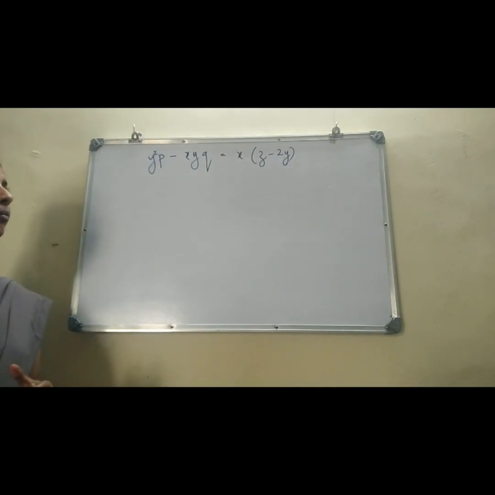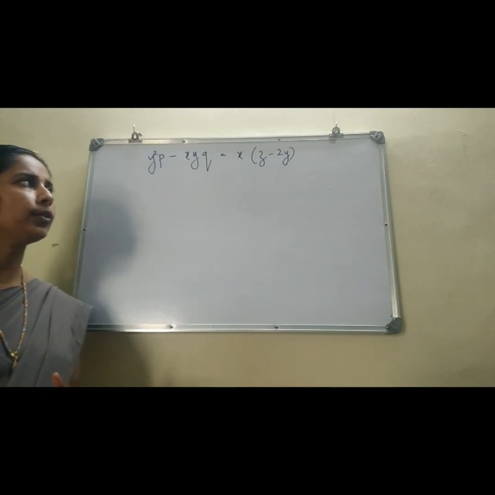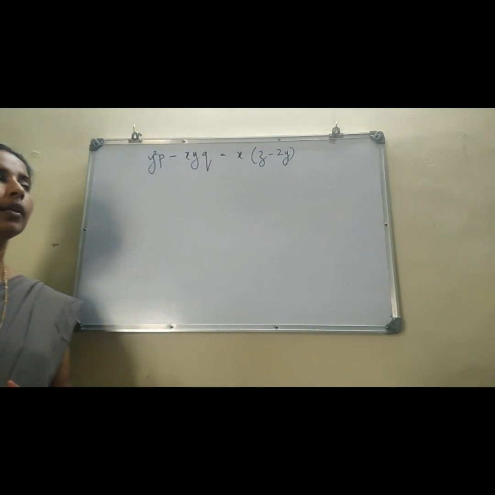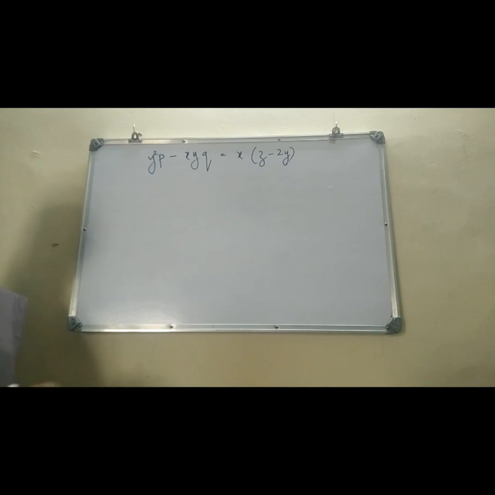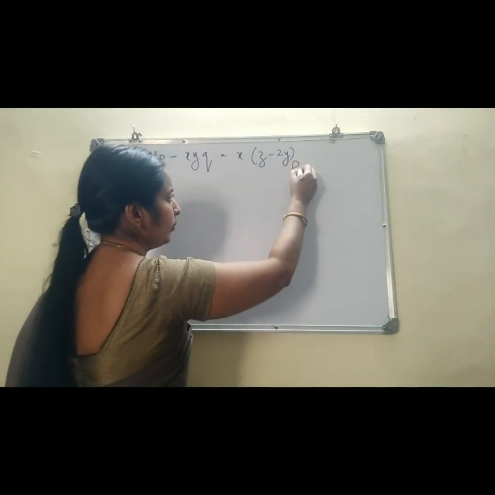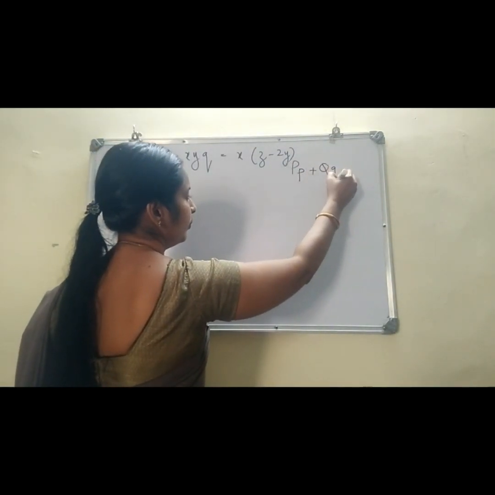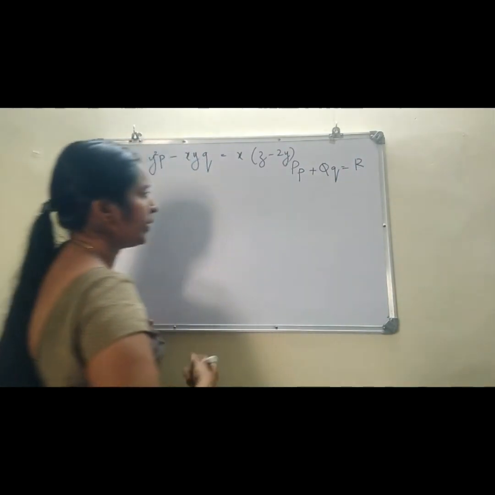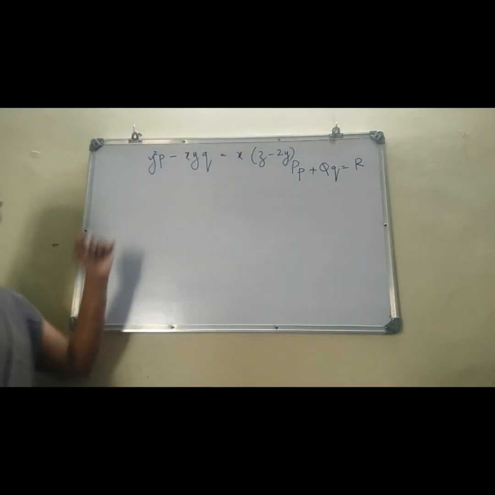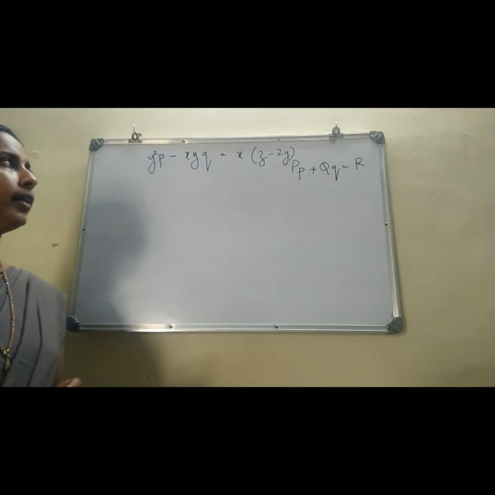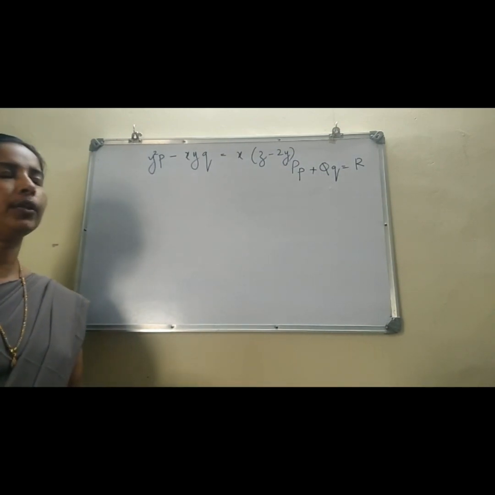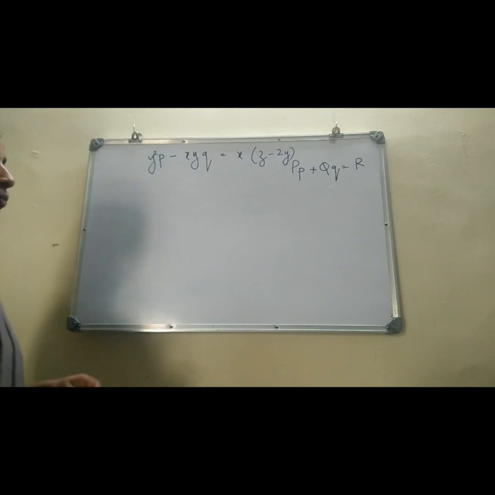Consider y square p minus xyq is equal to x into z minus 2y. You compare this equation with our Pp plus Qq equal to R. So what is P? P is y square, Q is minus xy, R is x into z minus 2y.